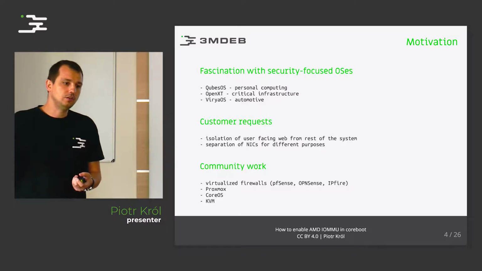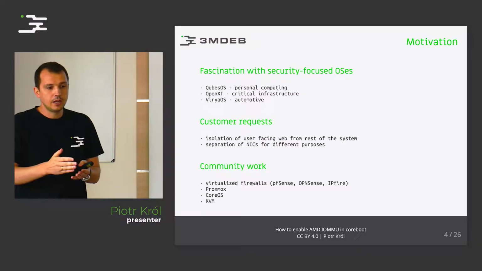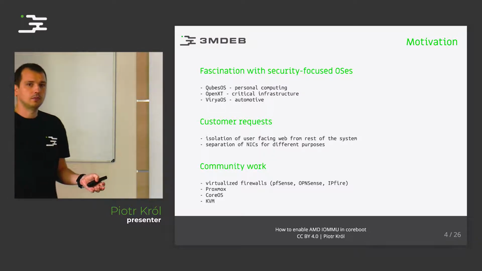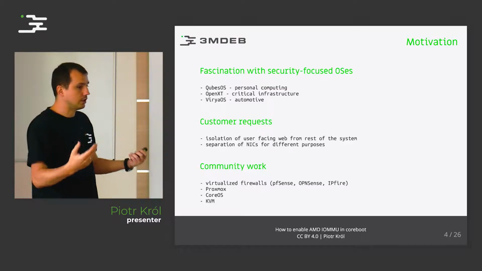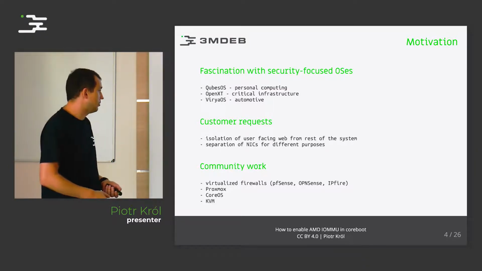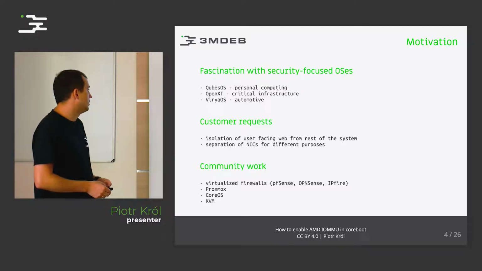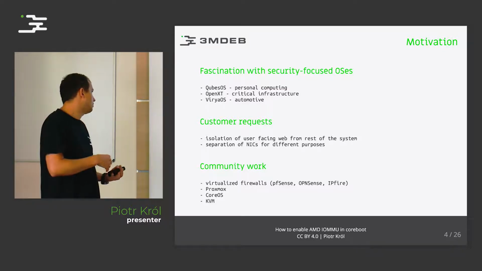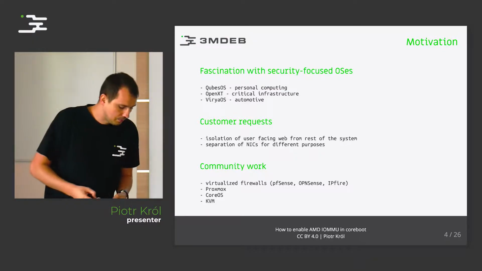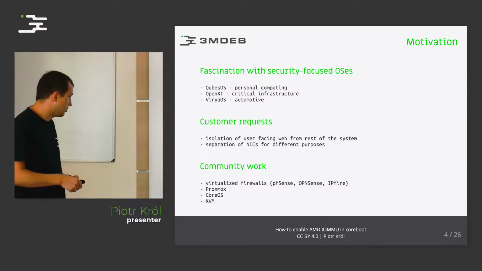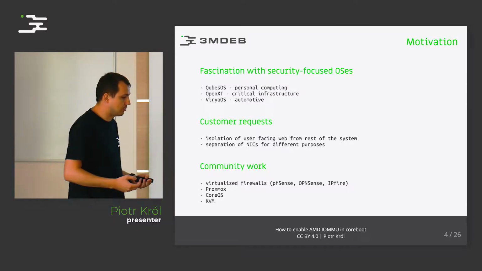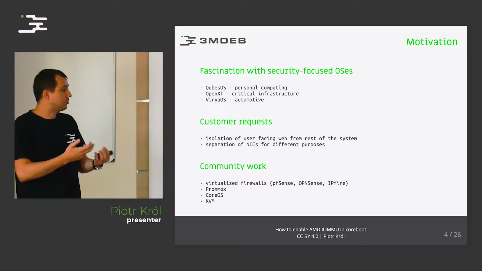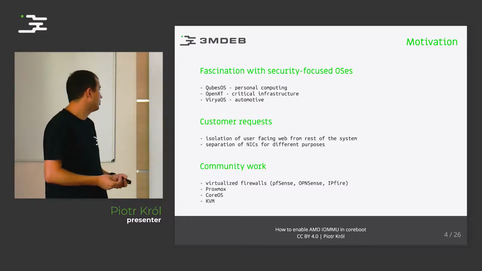So let's say the internet goes to this VM and nobody else can touch this. And this firewall, of course, protects you and your internal network, so that no attacks or malicious actors get through your firewall to your network.